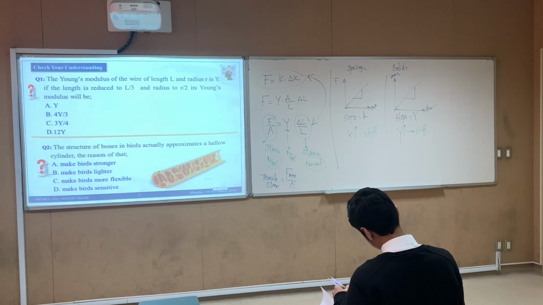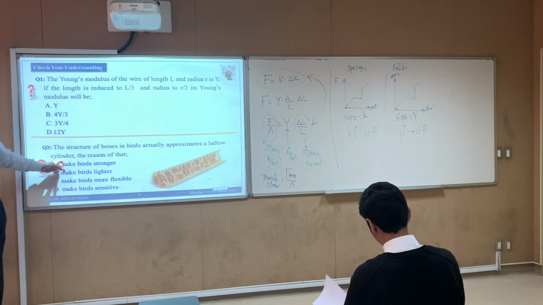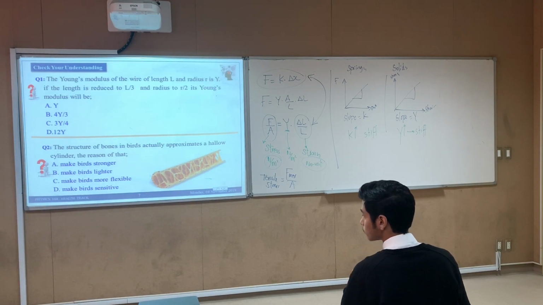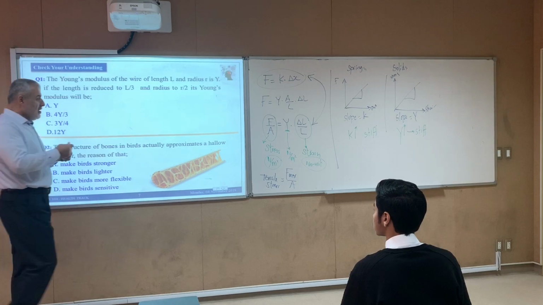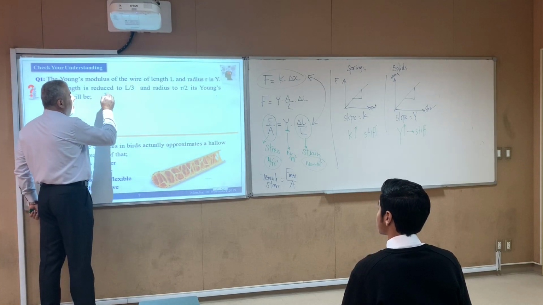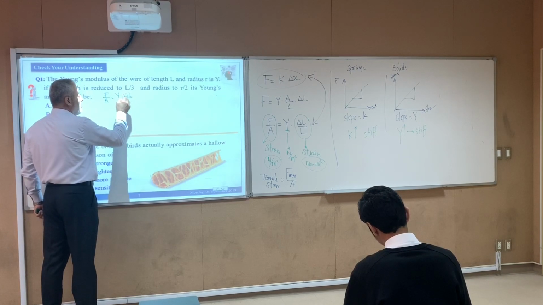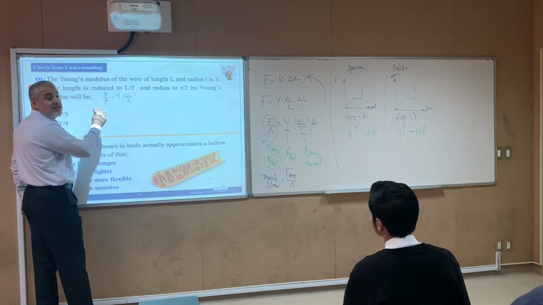Okay, who knows? Let's go, guys. Write with me. Why is this important? We start like this: F over A is equal to Y delta L over L. Make Y the subject.